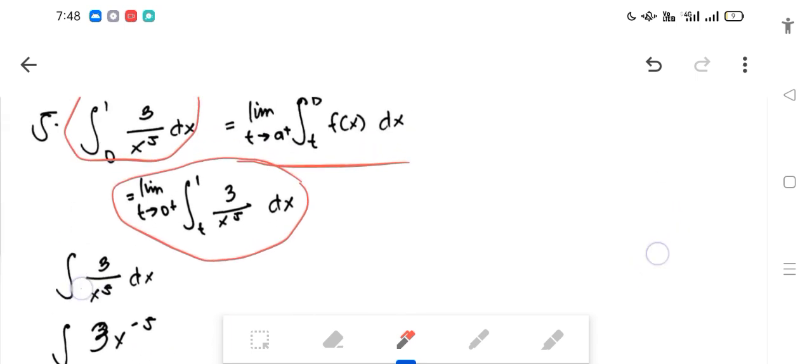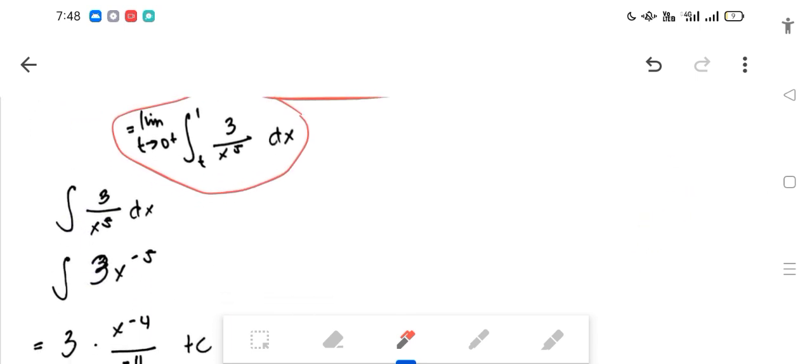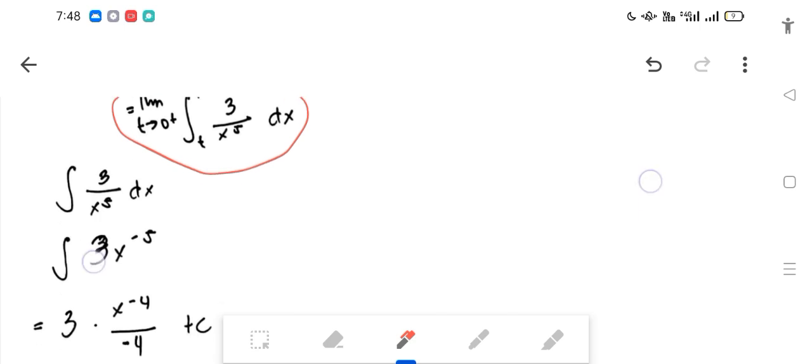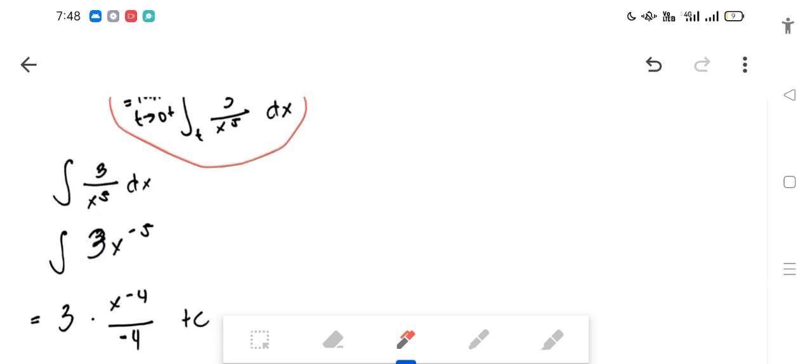So the first step in solving this problem is we're going to find the antiderivative of this function. So we have here the integral of 3 over x raised to 5 dx, and it can be rewritten as the integral of 3x raised to negative 5.